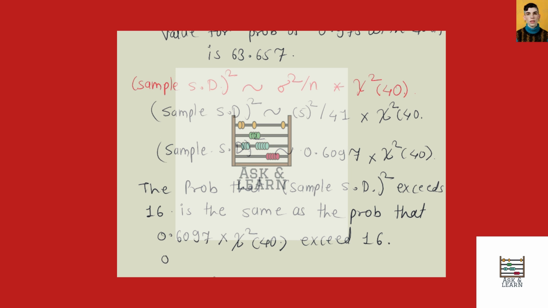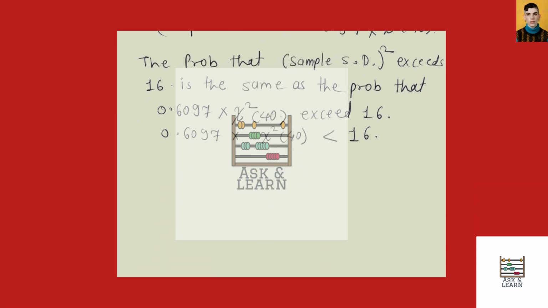So here 0.6097 multiplied by chi-square of 40 is less than 16. So the probability is less than 0.975.